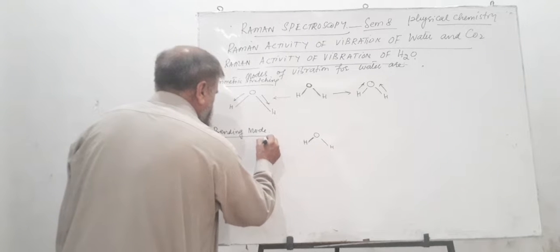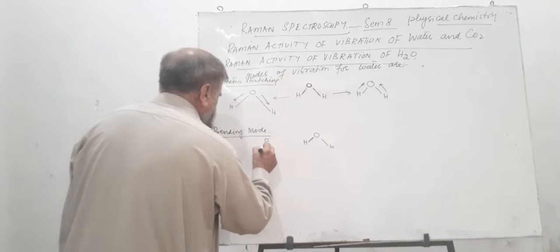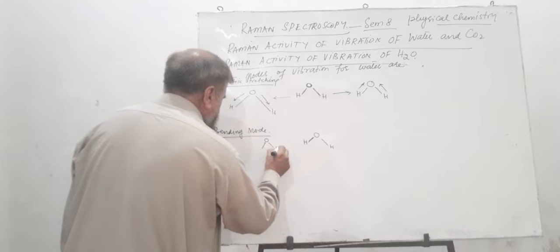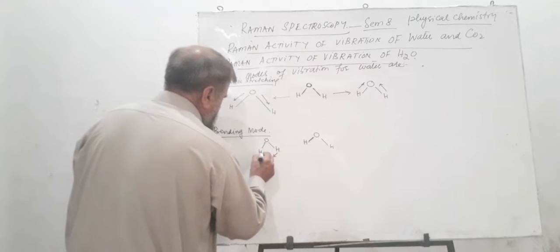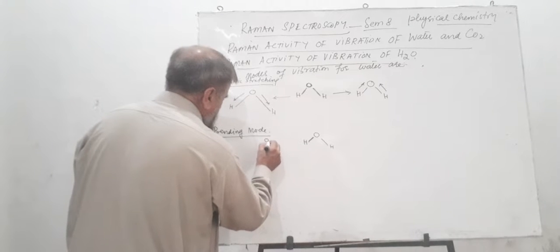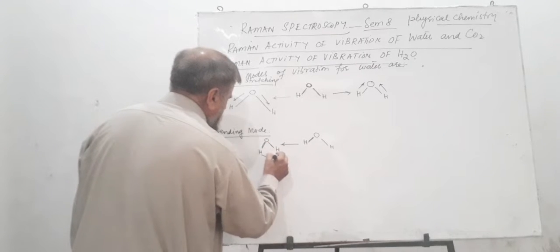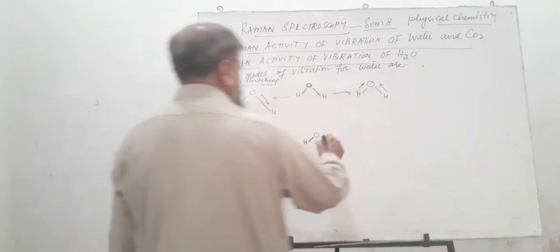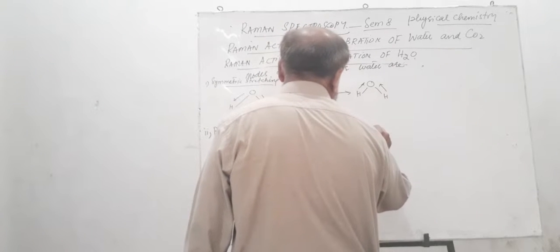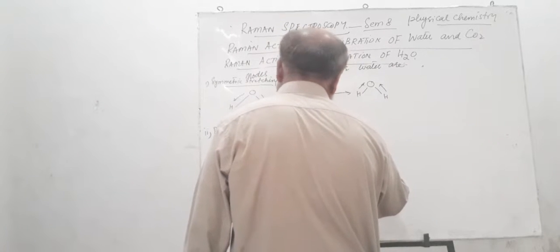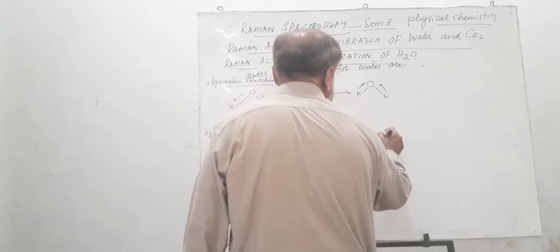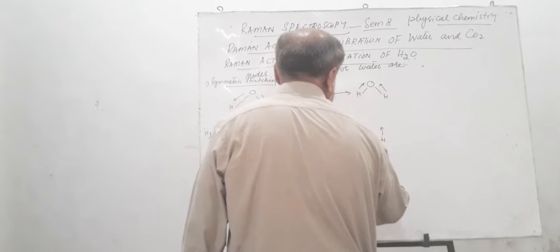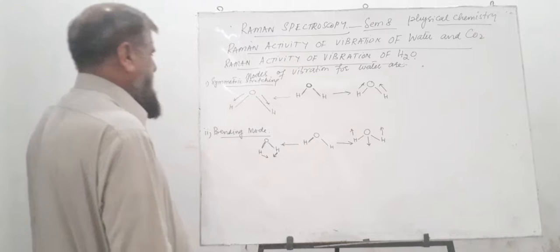Either the bond angle decreases or increases. The hydrogen atoms are coming closer, leading to decrease in bond angle, or the atoms may move away, leading to increase in bond angle.